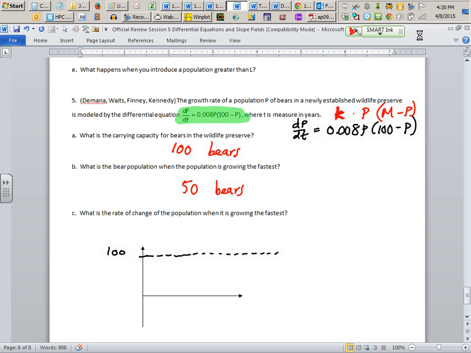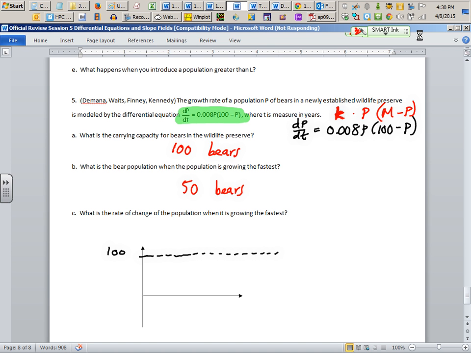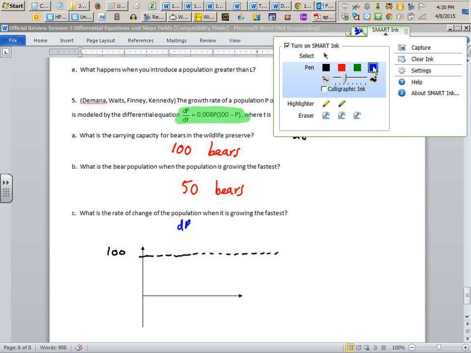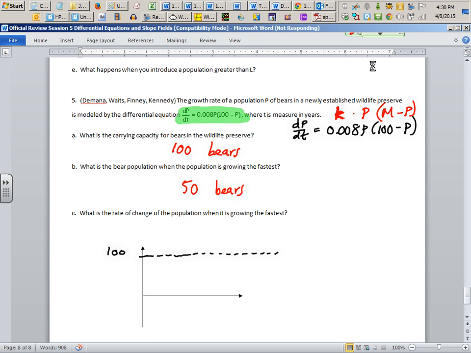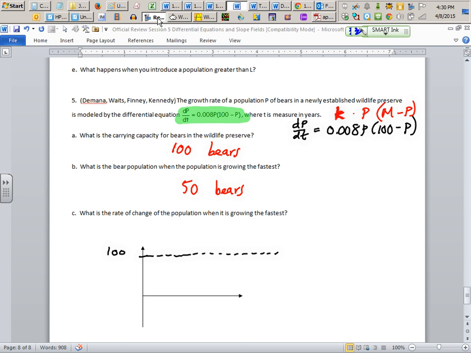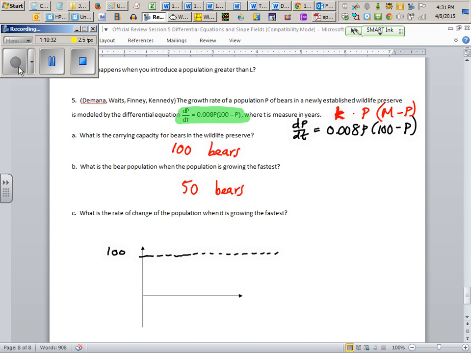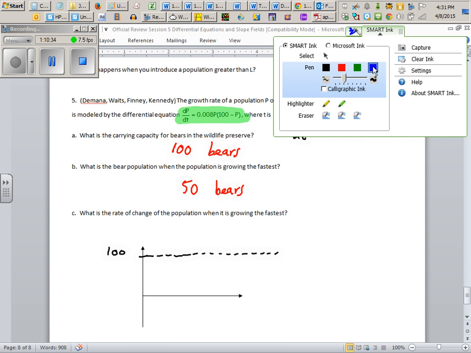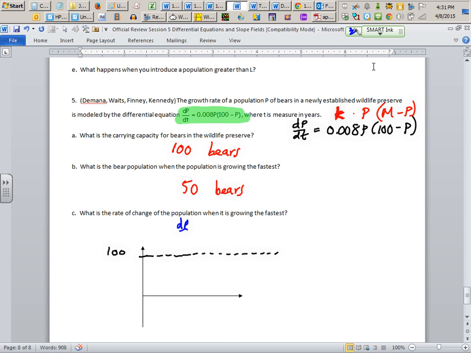Do you think I should plug this into dP/dt or try to find a general solution? I think we can just plug it into dP/dt. Yeah, what is the rate? That's dP/dt. It's asking what is dP/dt when the population is 50.